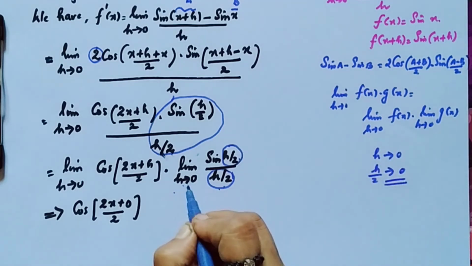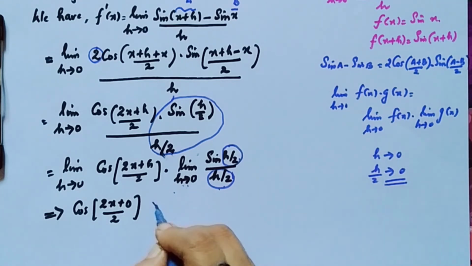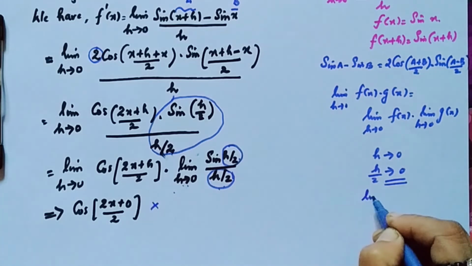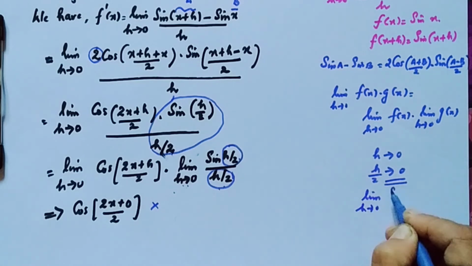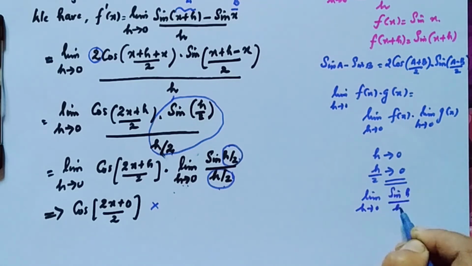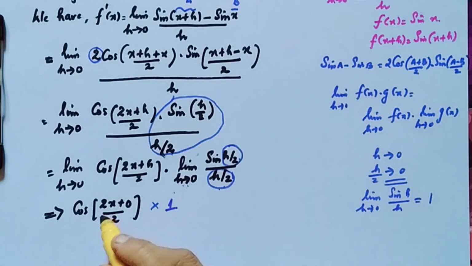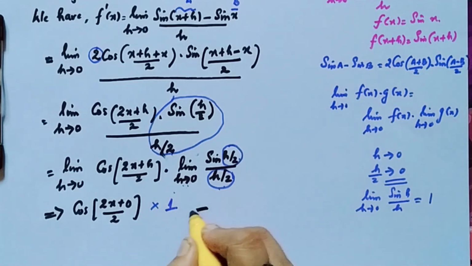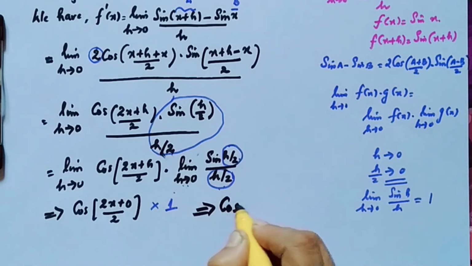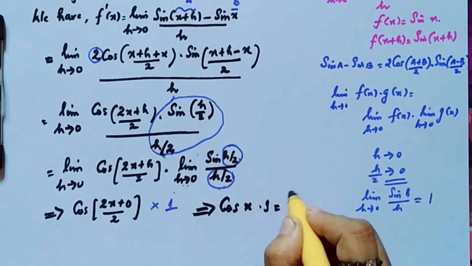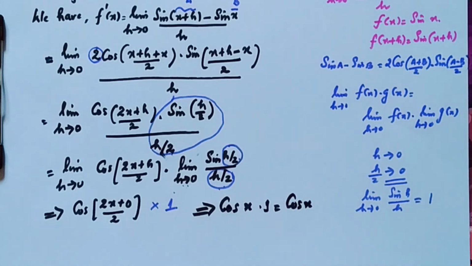So, no problem for this h tends to 0. This is the standard limit h tends to 0, sin h by h equal to 1. So, this we can substitute with 1. Now, cos 2x by 2 is cos x into 1, which is cos x. From this, we studied the standard derivative: derivative of the function sin x will be equal to cos x.